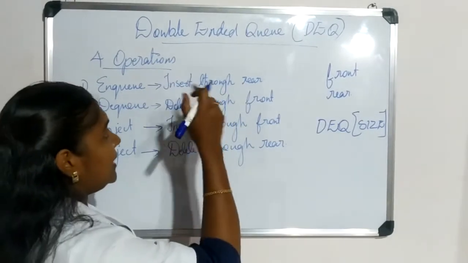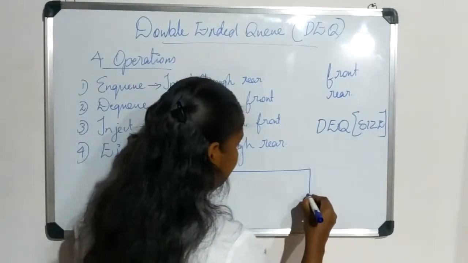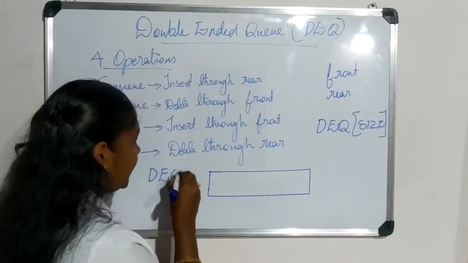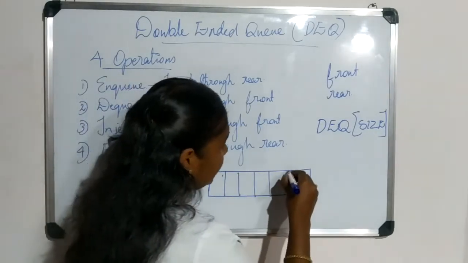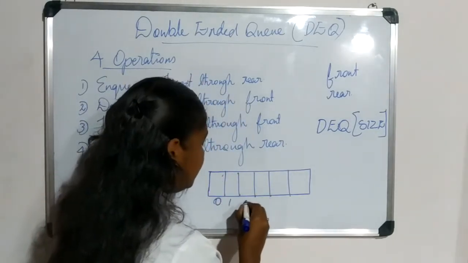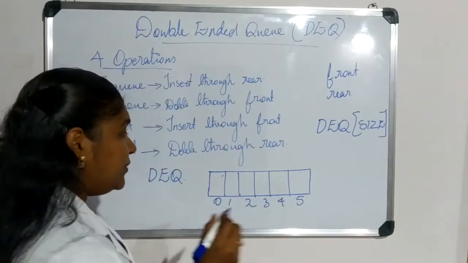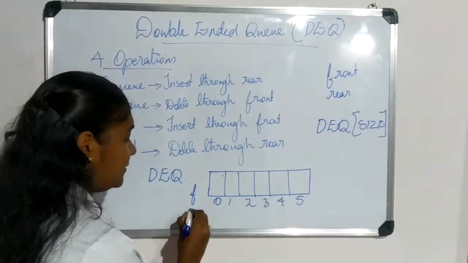To recollect all those points, let us consider a diagram. This is our double-ended queue array deque, and we are drawing some locations 0, 1, 2, 3, 4 and 5. We use 2 pointer variables, front and rear.